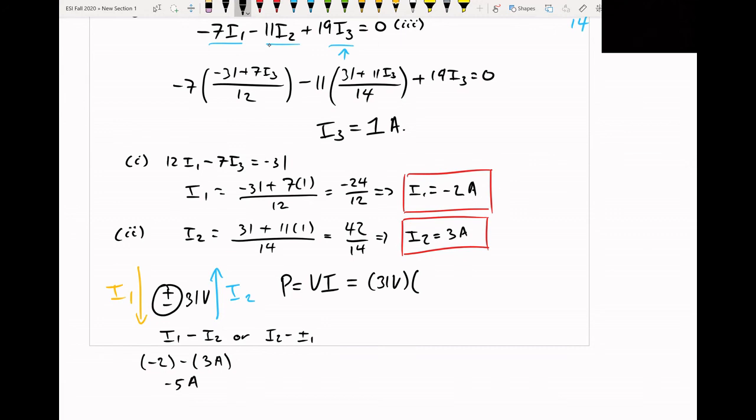Here I was assuming that the current is going that way, and for this one I'm assuming the current goes the other way. So over here, this would be 3 minus negative 2, which is 5 amps. So our current is 5 amps going that way.